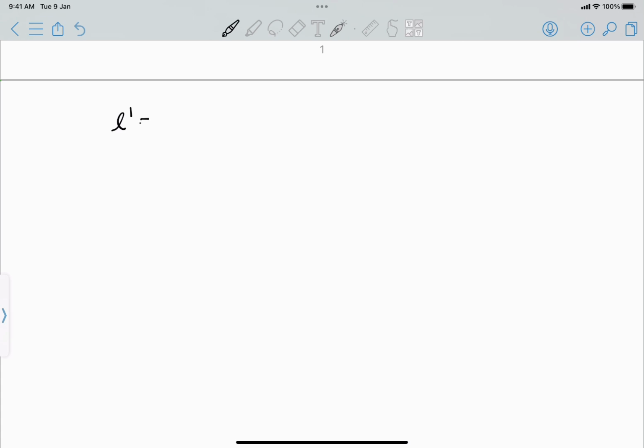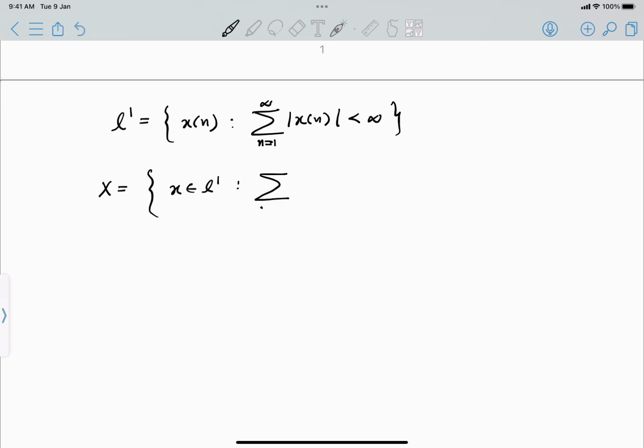So L1 is the sequence space such that these are summable. And X is a subspace of L1 which is given by all such x in L1 such that the sum from n equals 1 to infinity of n times |xn| is finite.